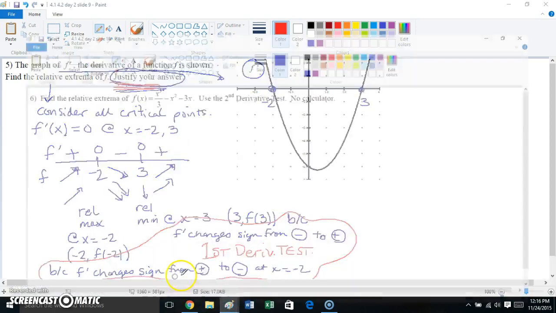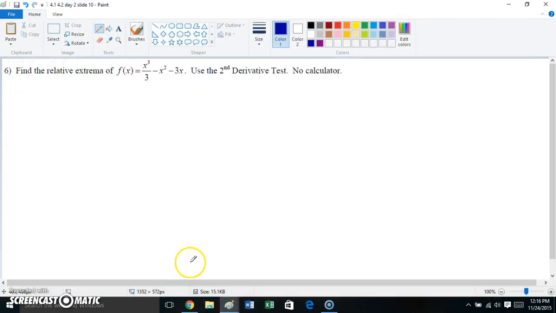Okay, let's take a look at problem number 6. Find the relative extrema of this cubic polynomial. This time it says they want us to use the second derivative test and no calculator. Okay, so the second derivative test, remember, has to do with concavity.